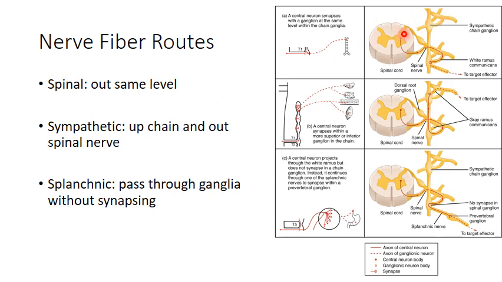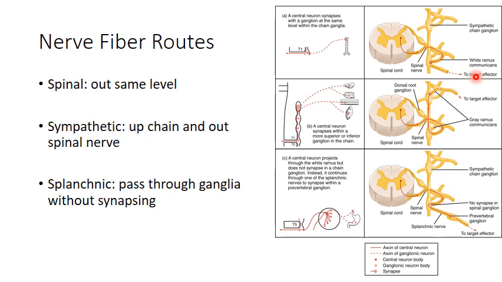So here's our preganglionic fiber, which is going to go into the ganglia. In the ganglia, it is going to synapse. The nerve fiber is then going to leave by way of the gray ramus, return to the spinal nerve, and then go out to our effector.